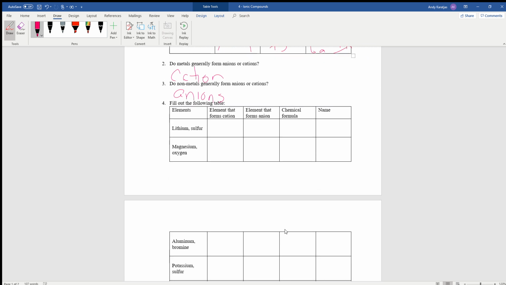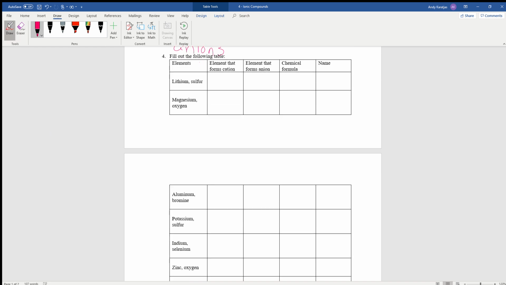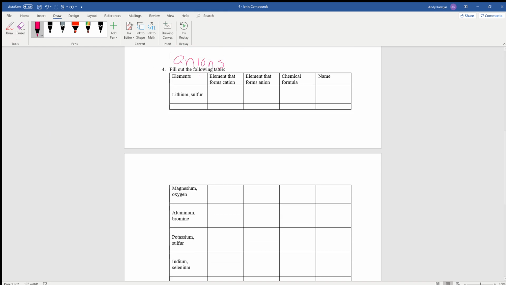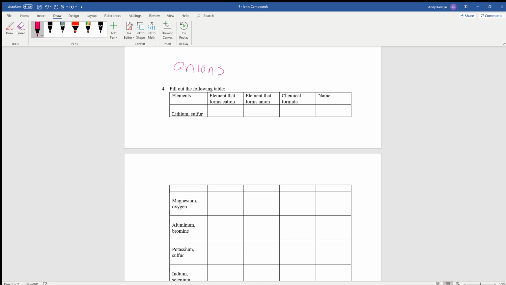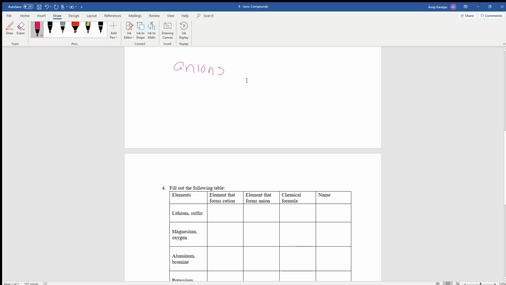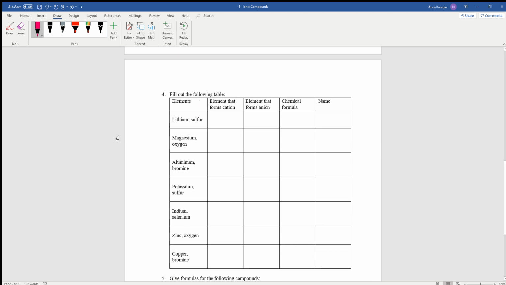So now in our next table, question 4, we're going to take this a step further and actually identify what the formulas would be when we put two elements together. So we know in each case that we're going to get the metal that forms the cation, and the element that forms the anion is the nonmetal.